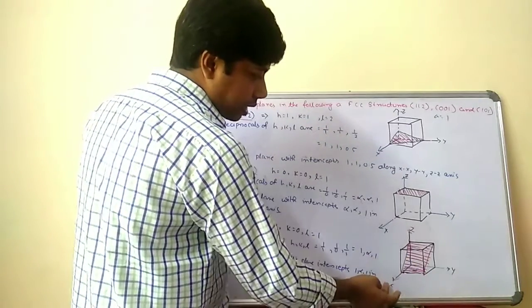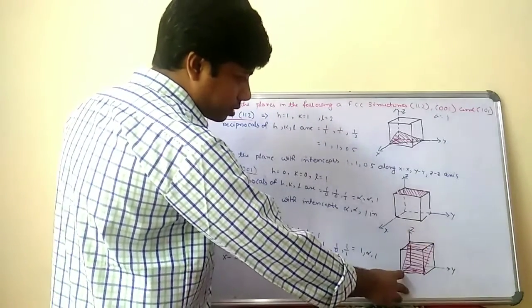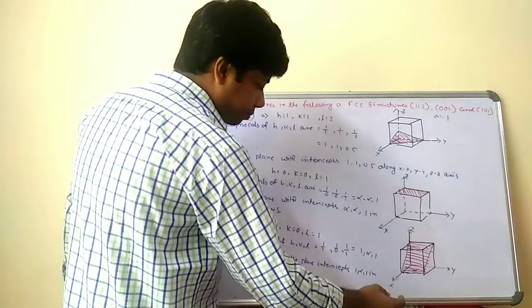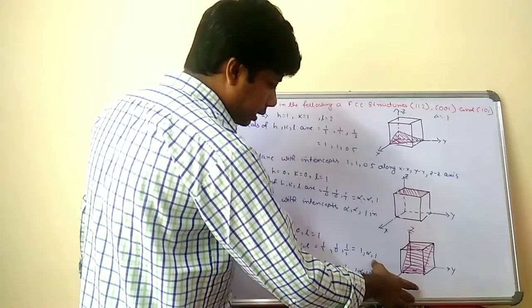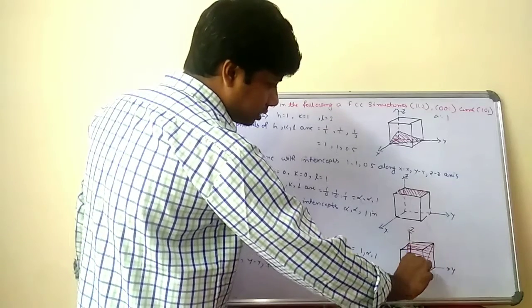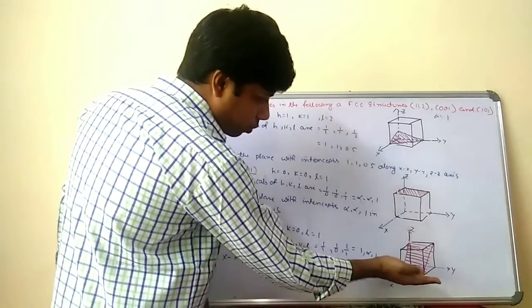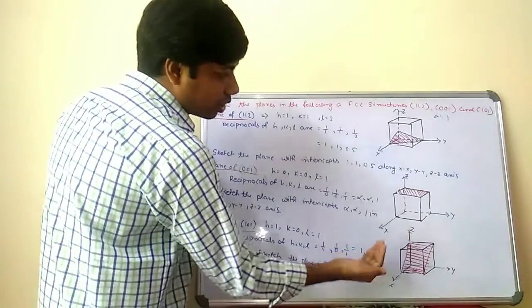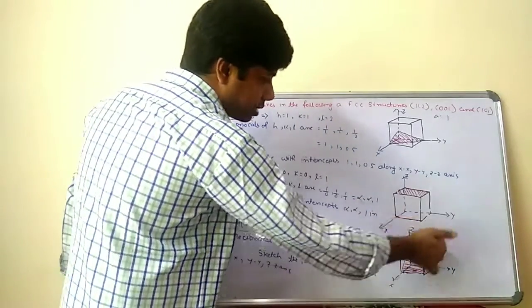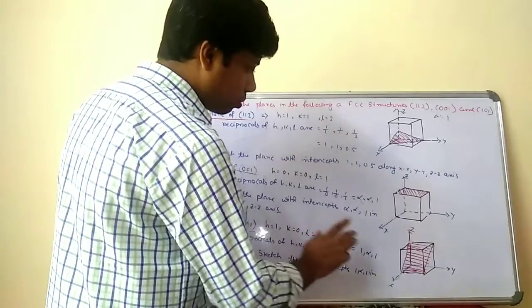Here x is equal to 1, that means here, and z is equal to 1, that means here. So x is 1, z is 1, and y is infinity. If you draw this line, it will look like this. So this is the plane 1, 0, 1.